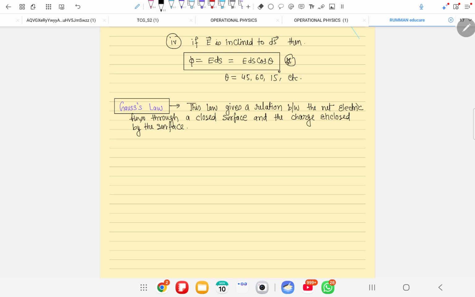Now the statement of Gauss law: total flux is equal to 1 by epsilon naught times the total charge enclosed, that is phi is equal to 1 by epsilon naught into q, or the integral of E dot ds.